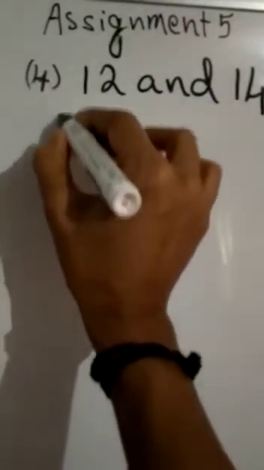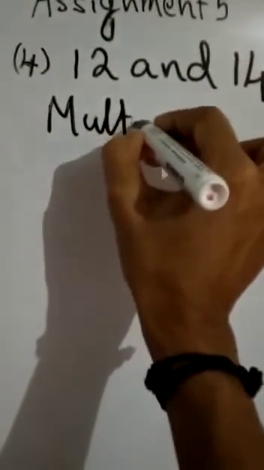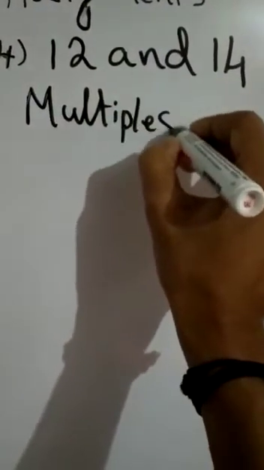So next, the numbers given are 12 and 14. What are the multiples of 12?